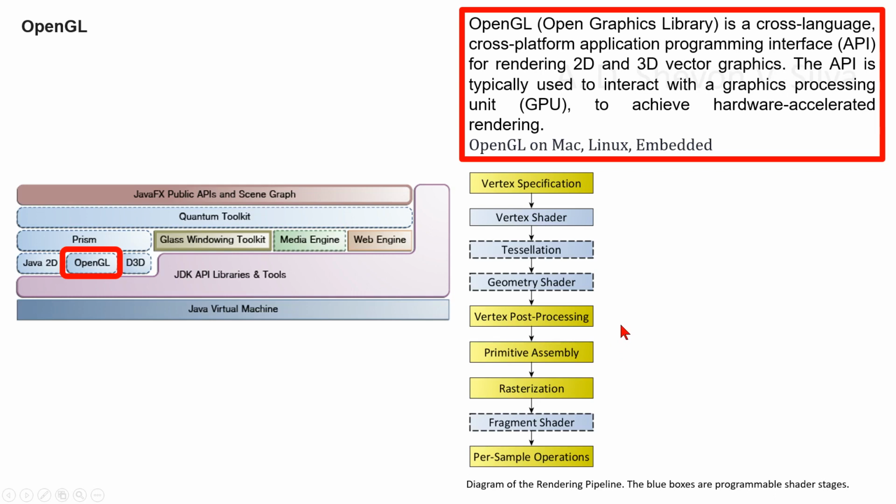Clipping. The primitives are then clipped. Clipped means that primitives that lie on the boundary between the inside of the viewing volume and outside are split into several primitives such that the entire primitive lies in the volume.